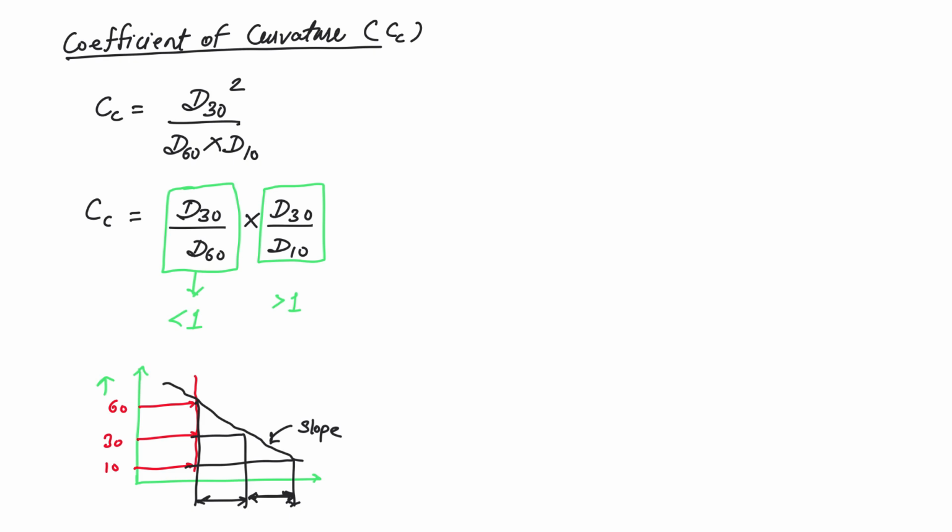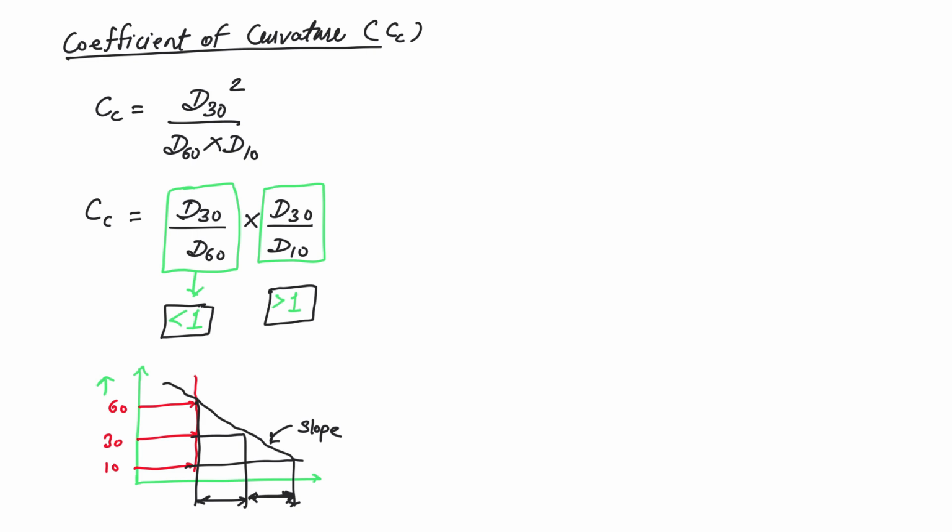So what you can see here is, if this is lesser than 1 by whatever amount, this should be by the same amount more than 1. Yes or no? So what I can say is that if the slope of the graph is almost constant, then this Cc value will be almost around 1.